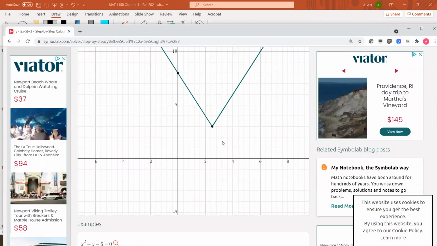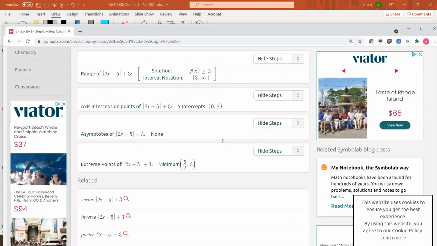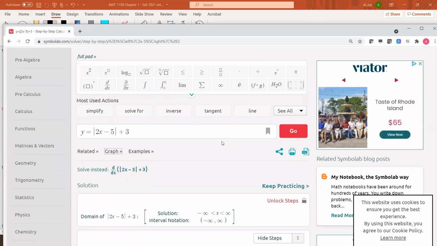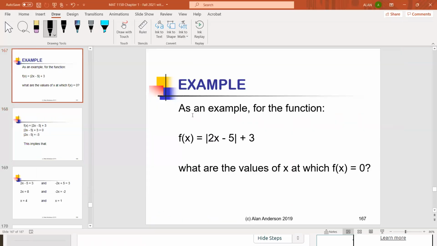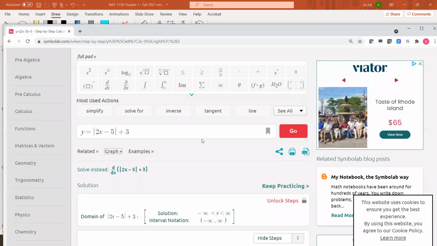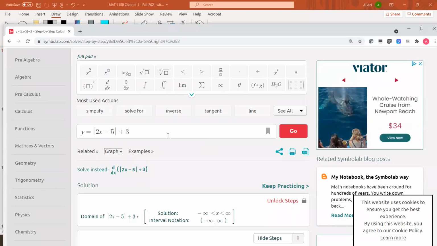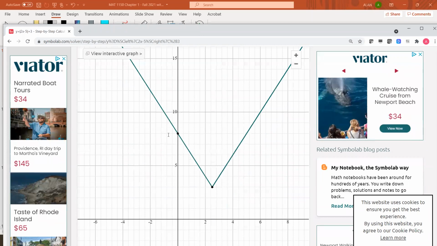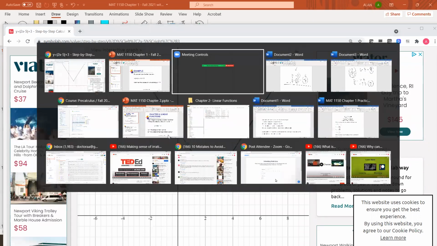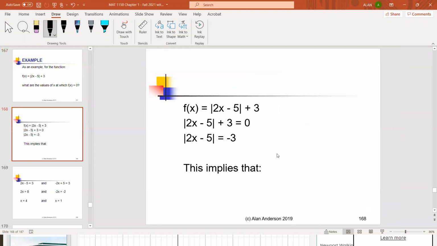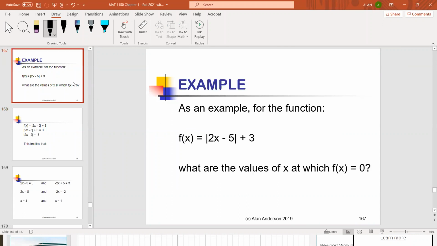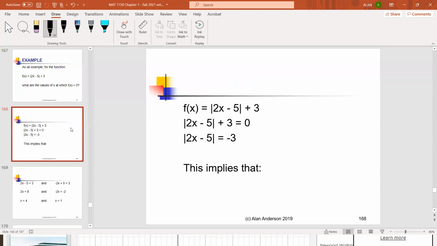Wait a minute, did I do that right? Absolute 2x minus 5 plus 3. Oh, I don't know, something may have gone wrong here. Oops, there might be a mistake here. Hold on. Oh, I hope not. Absolute 2x minus 5 plus 3.